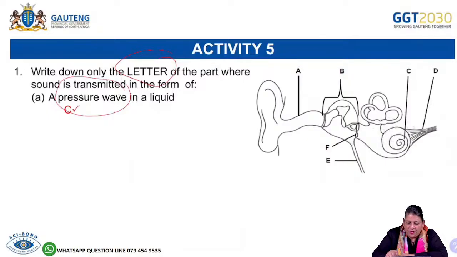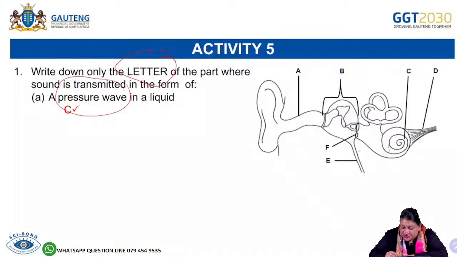So, we know that there are pressure waves in a liquid. You can't talk about the pinna, because that's not a wave, that's a sound wave that's captured. Auditory canal, there are sound waves. Tympanic membrane, it's a sound vibration and there's no fluid there. Malleus, incus, stapes, that's the ossicles, there's air. The middle ear is filled with air, okay?